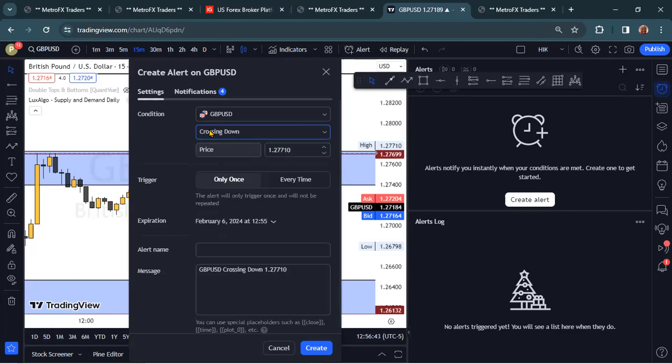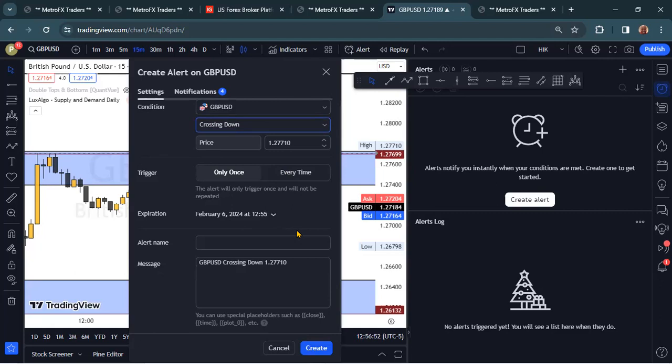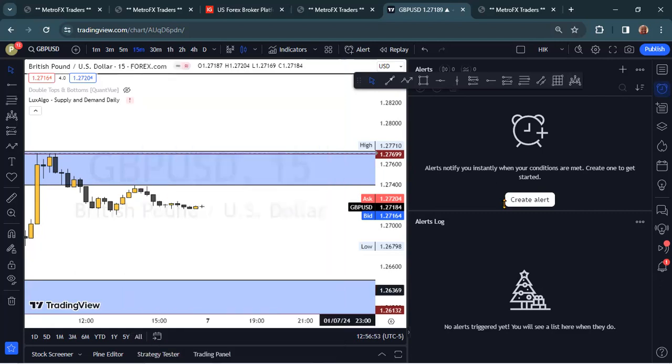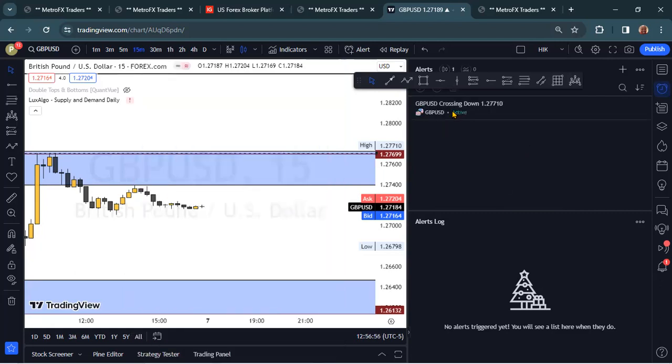We want sales. We want it to bounce off this number. So once it gets to that number, it lets you know. Then you just create your alert, and it's going to alert you when it gets to that number. It says, hey, it touched the number and it's crossing down.